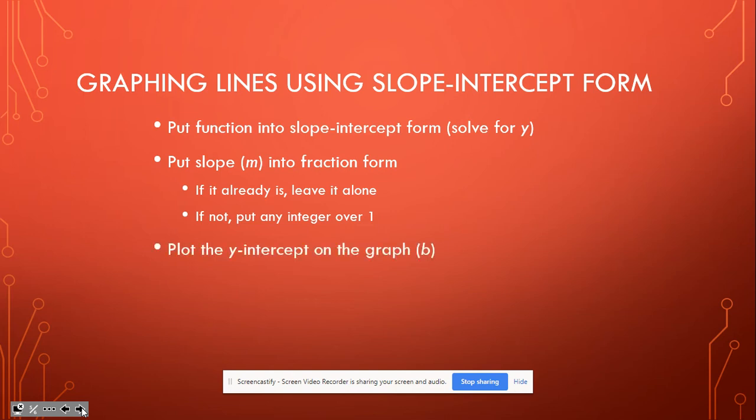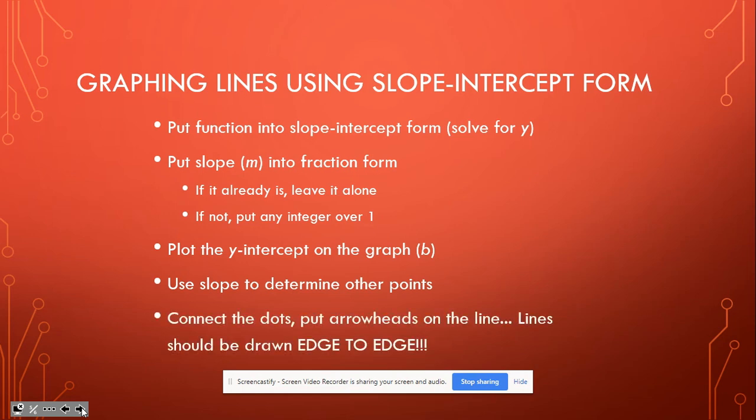Next, plot the y-intercept, or your b, on the graph, followed by moving using your slope to determine the other points. Finally, connect the dots. Make sure you put arrowheads on the line, and lines should be drawn from one edge of the graph to the other.